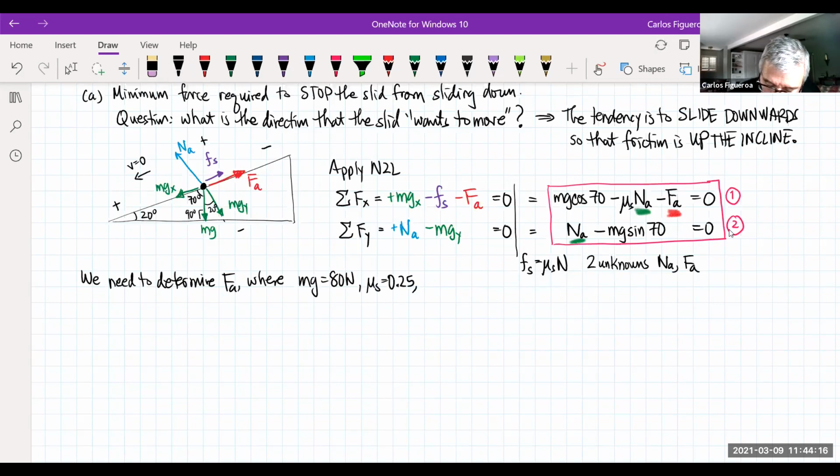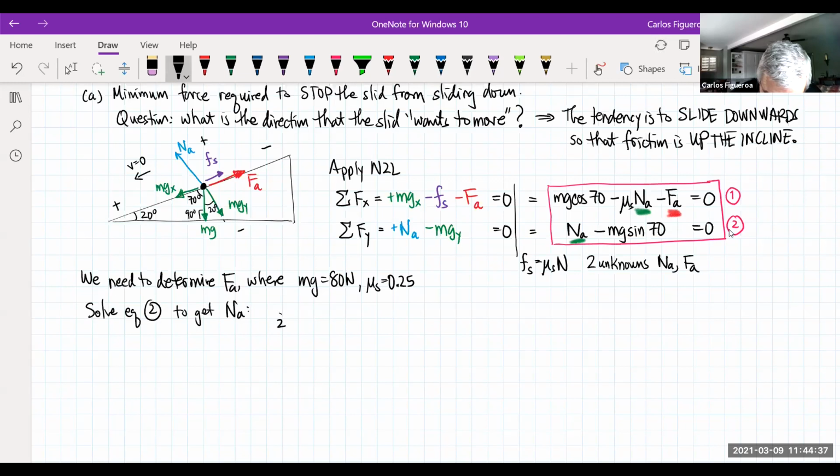Well, we only need one because it's static here. So here I go. I'm going to solve equation 2 to get N of A.